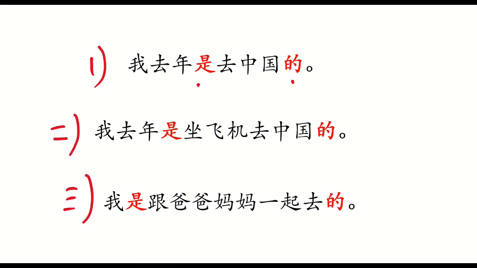So subject, time phrase, 是, absolutely fine. Number 2 is exactly the same. In number 3 though, just a subject and the 是 straight in, absolutely great. So basically, as a rule of thumb, where does the 是 go? It wants to go towards the start of the sentence. So either directly after the subject, or if there's a time phrase, it can go after the time phrase. That's a rough outline of some of the uses for 是.